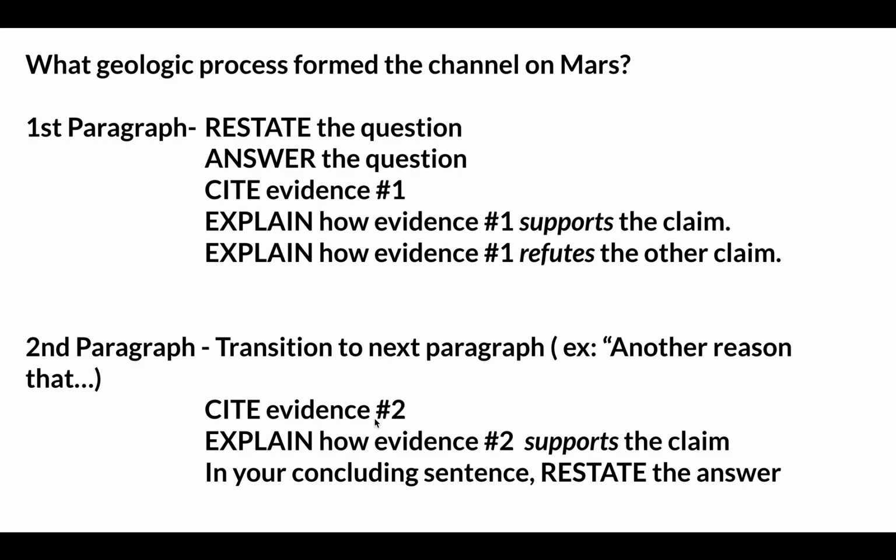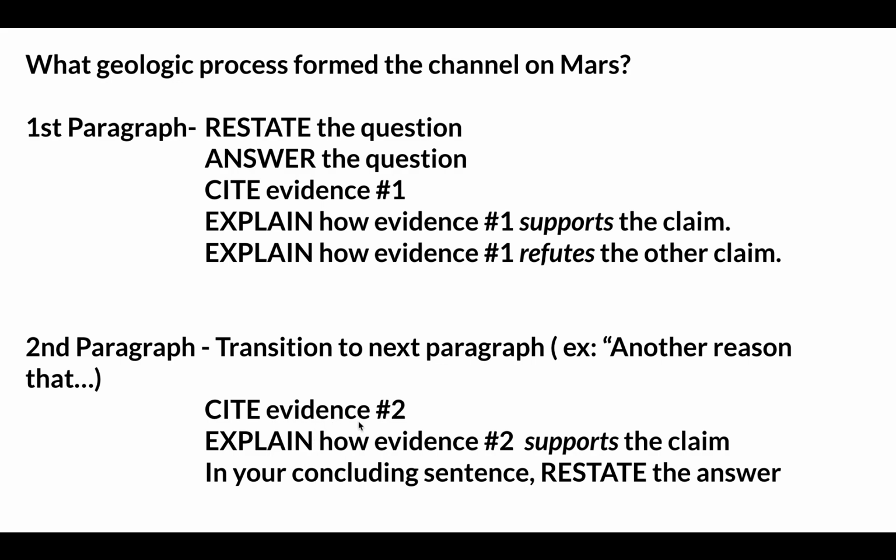And so refer back to your graphic organizer where you evaluated your evidence. What's the second piece of evidence that supports flowing water, and only use that. Remember, we are not including any evidence that supports flowing lava because that's not the answer. That's not the claim that we're making.